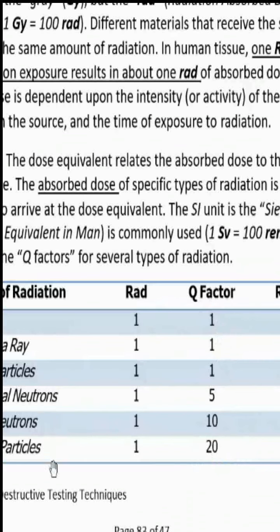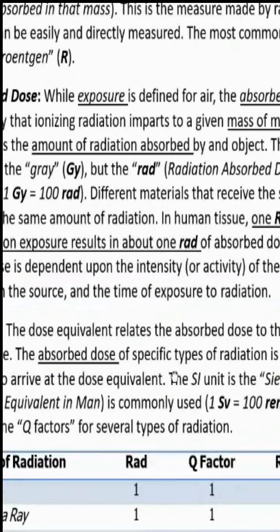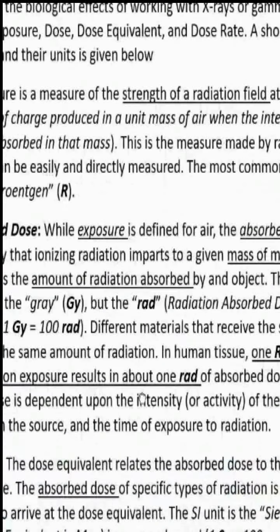But the better part is it cannot penetrate human skin, right? So 1 rad of X-ray will give 1 rem. Gamma 1 rad will give 1 rem. Radiation equivalent man is the unit. That is the effect of radiation in man, called REM, radiation equivalent man.